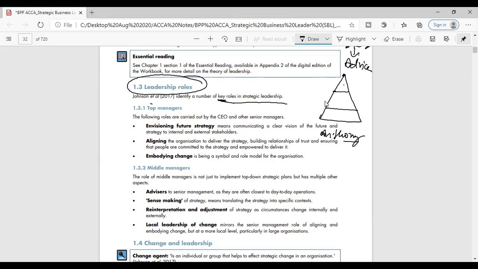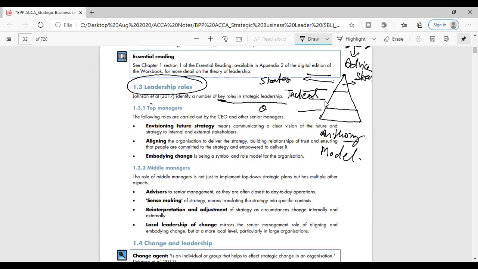The Anthony model was another popular model in the strategy textbook, which talks about there being 3 layers of the organization or the leaders. One is strategic. Let me write here. This layer is strategic. The second one is tactical.